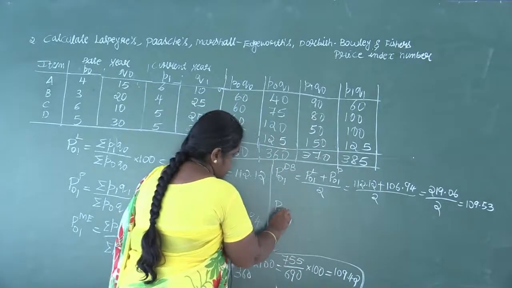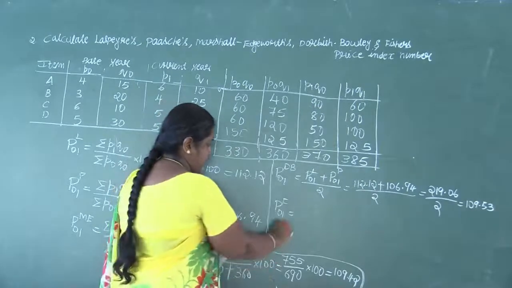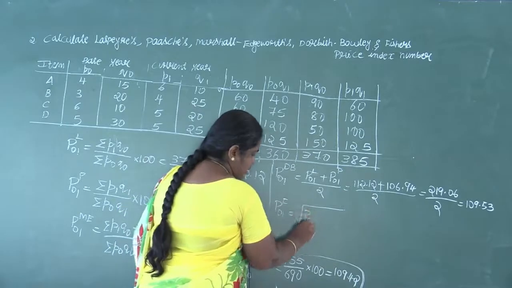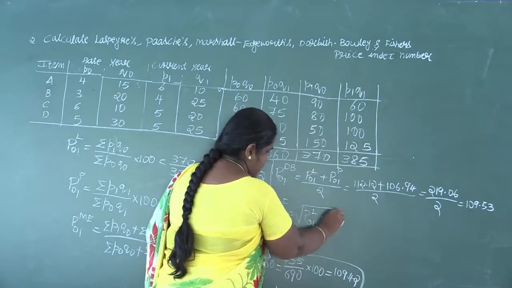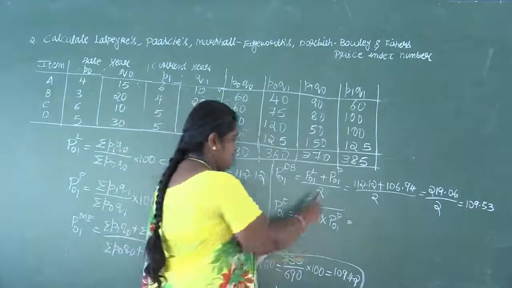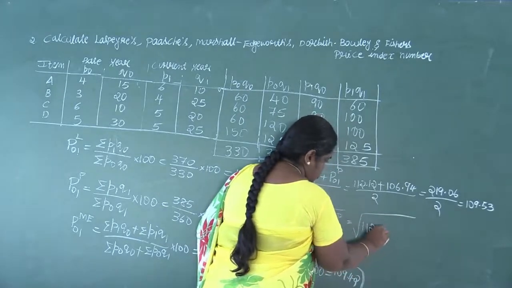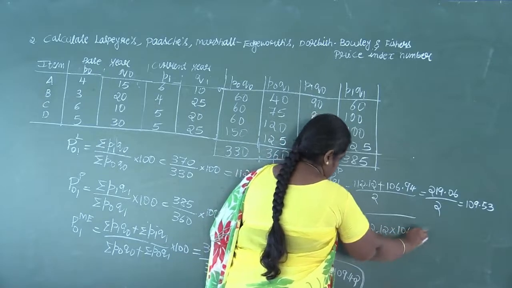Then the Fisher's price index number, again Laspeyres and Paasche's is calculated. So we'll be using the geometric mean of Laspeyres and Paasche's. So the formula is square root of P01L into P01P. So multiply the Laspeyres and Paasche's value, that is square root of 112.12 into 106.94.